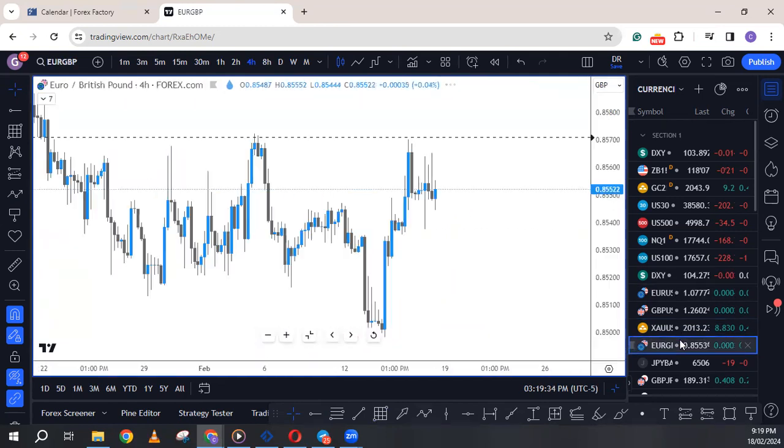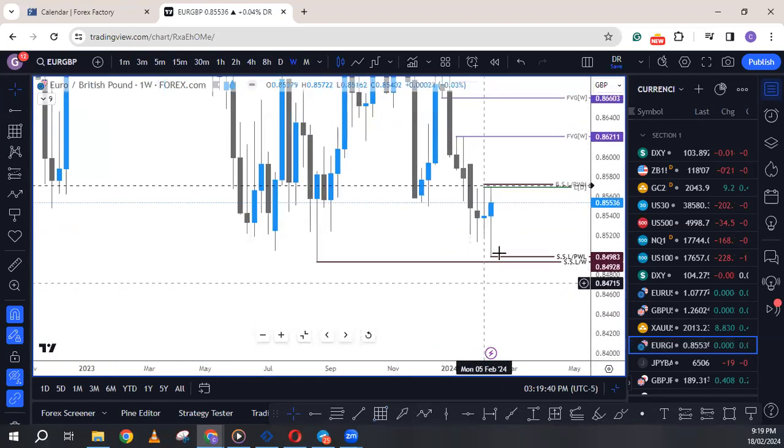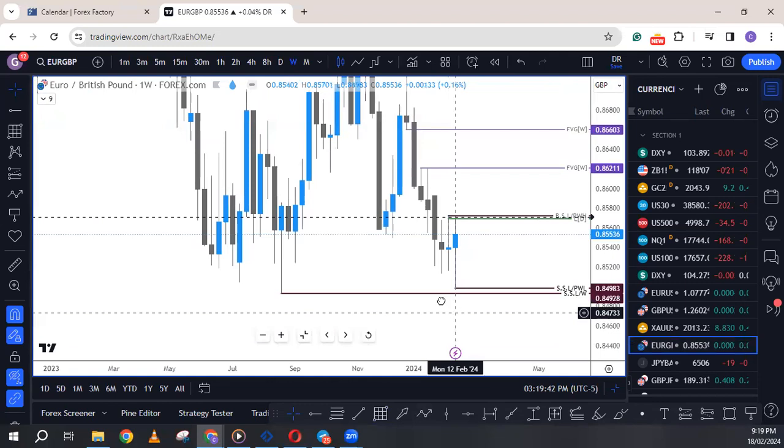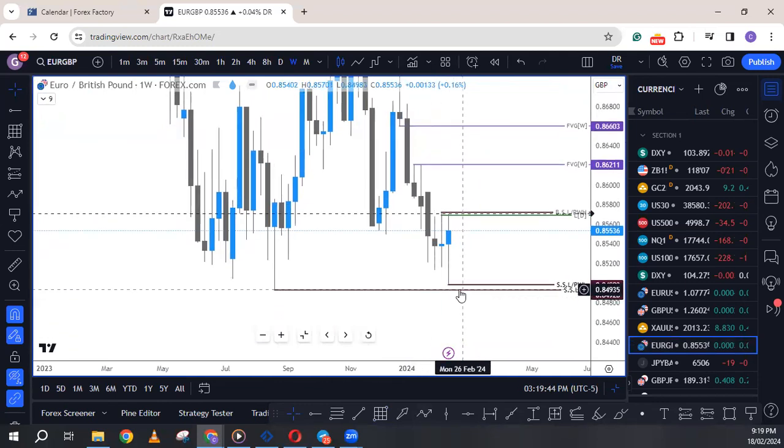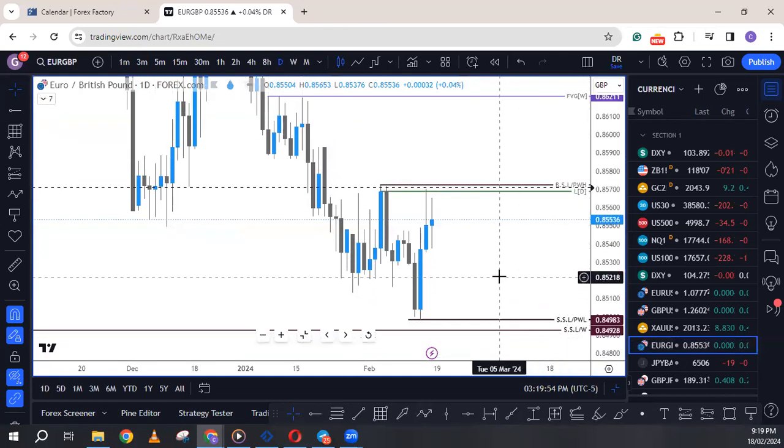So the next pair we're going to be looking at is EURGBP. EURGBP is bearish, but the refusal to close below 84.93 or even to challenge it points to the fact that we might be seeing a little bit of a correction going into the new week.